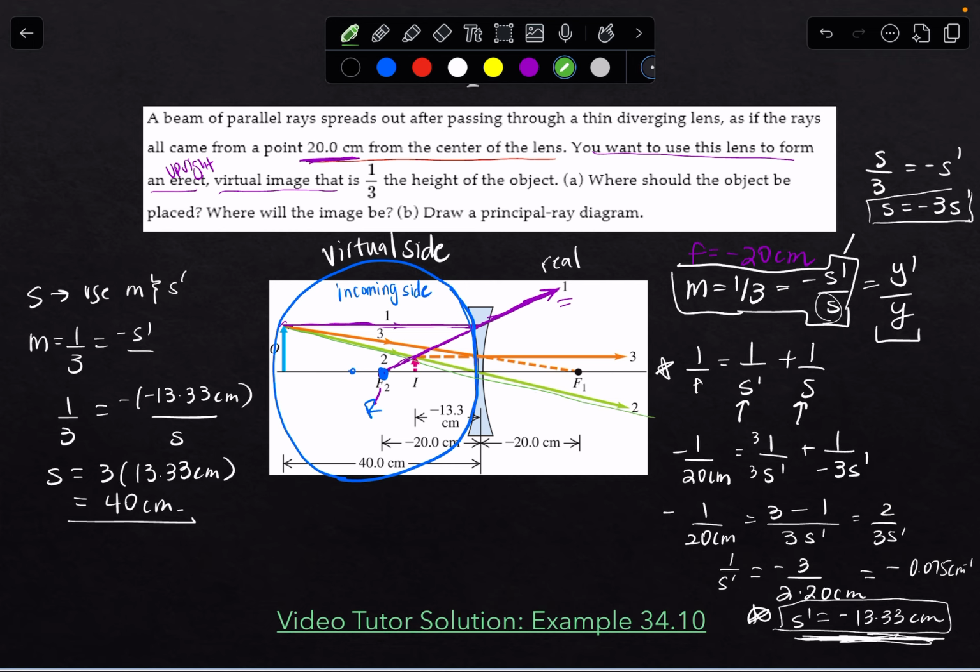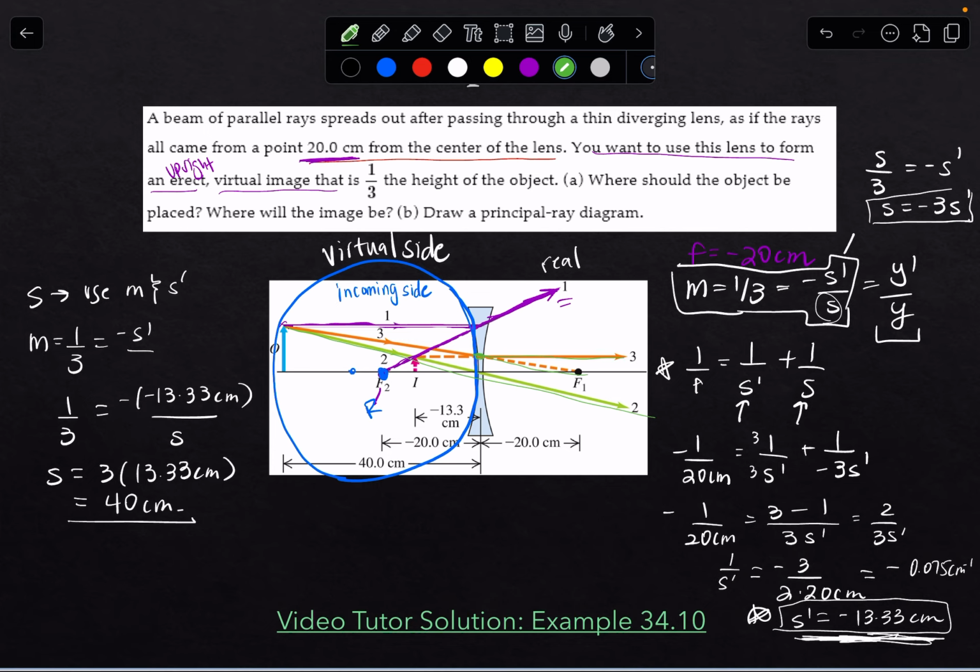And the third one goes from the top of the object to the focal point at the other side. And then it ends up being parallel to the diverging lens. I don't have orange on here. Once it hits the lens, then you draw it parallel to the optic axis of the diverging lens.